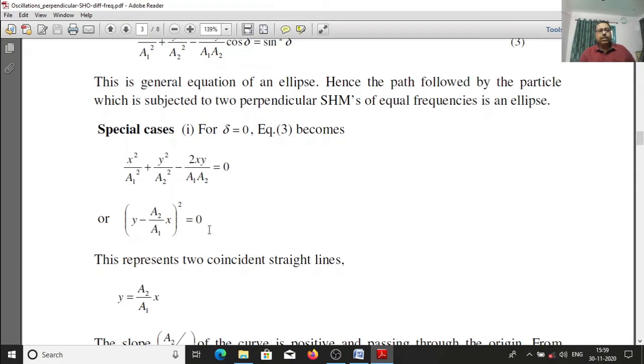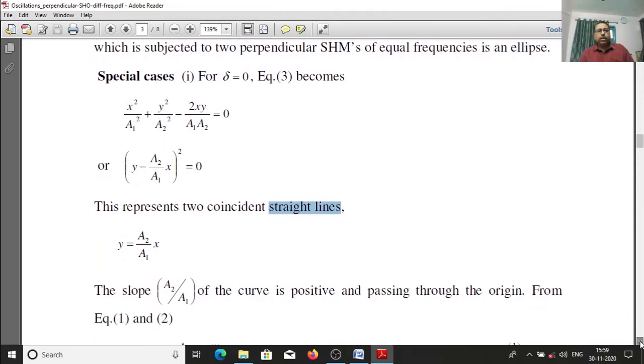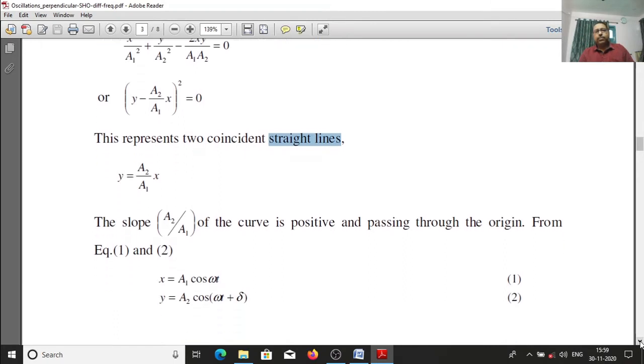This represents two coincident straight lines. These straight lines are y equals a2 by a1 times x.